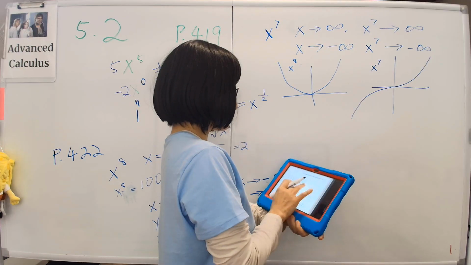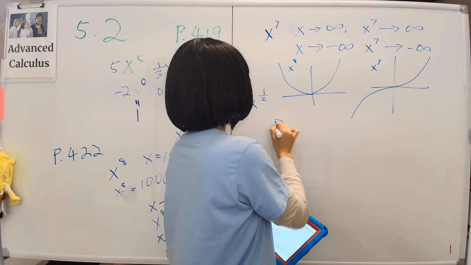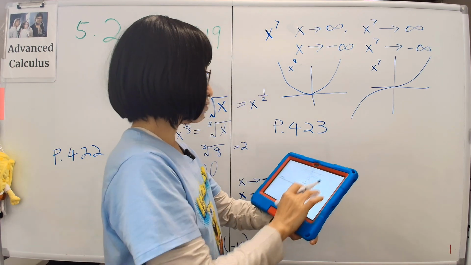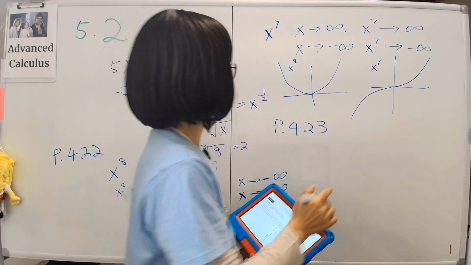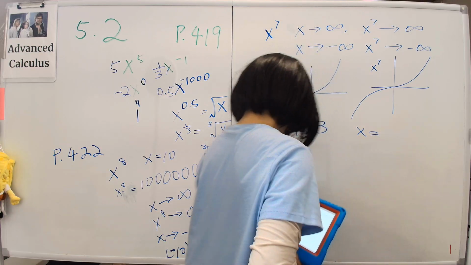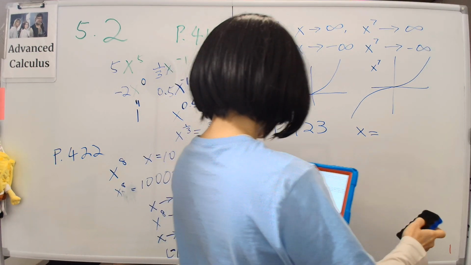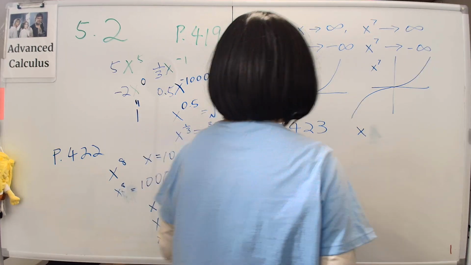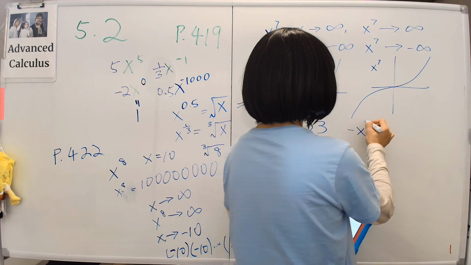So our function is negative x to the power 9.